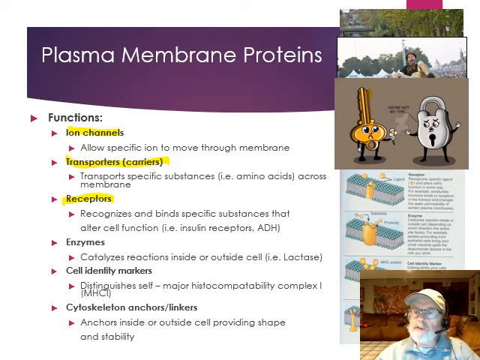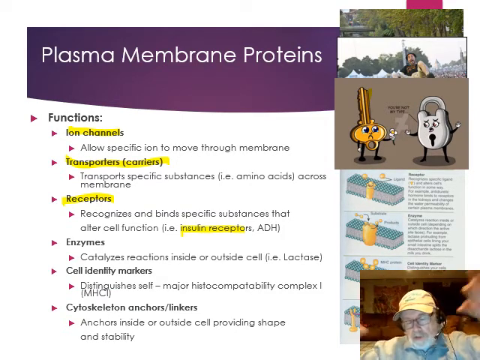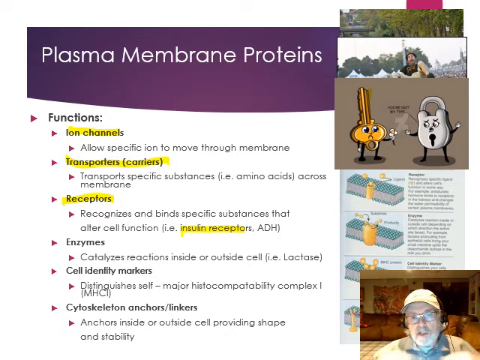When we want to get glucose into the cell to use as an energy source, the pancreas releases a hormone called insulin. That insulin gets transported throughout the body in the bloodstream, gets out of the blood vessels into the extracellular fluid, and looks for cells.